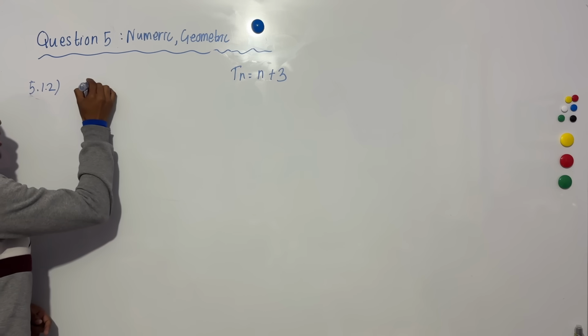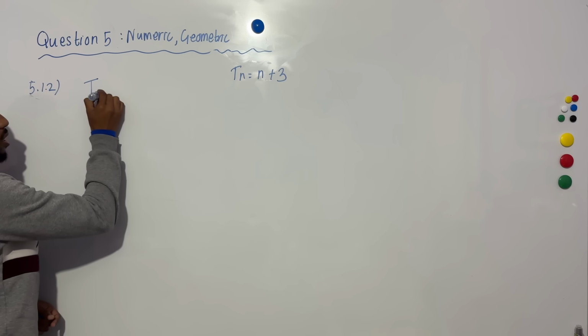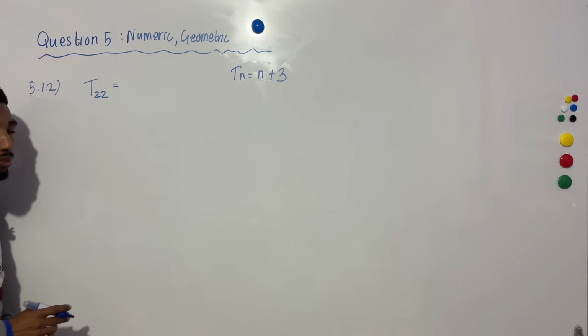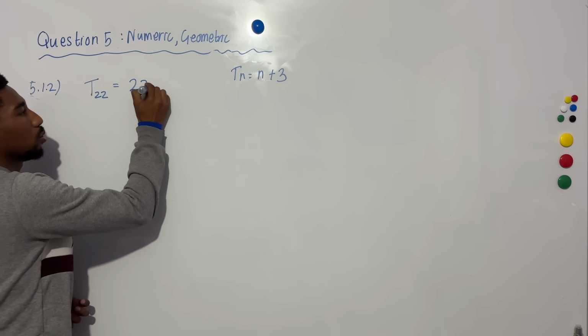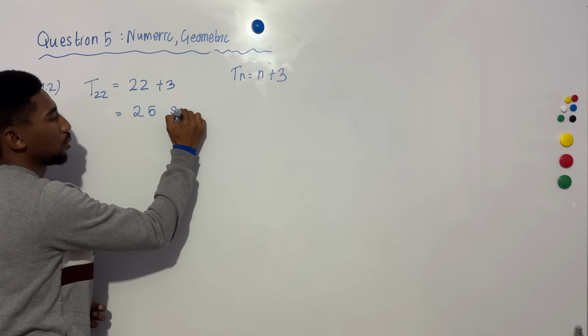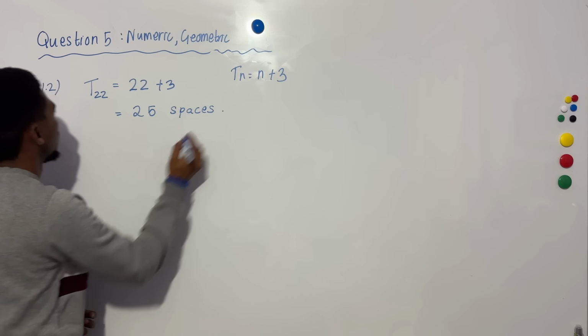So that is telling us that T22, which is the 22nd pattern, they want to know how many spaces. I'm going to say 22 plus 3. So that means there will be 25 spaces.